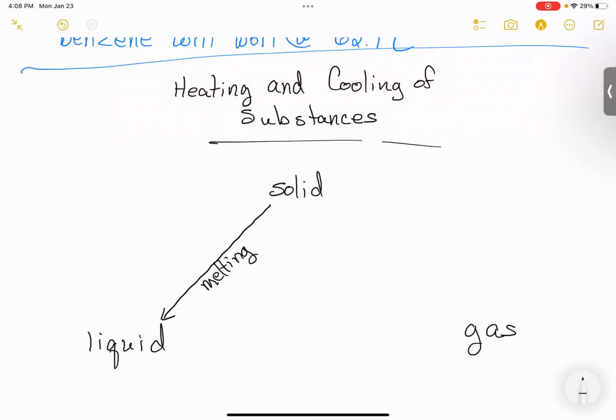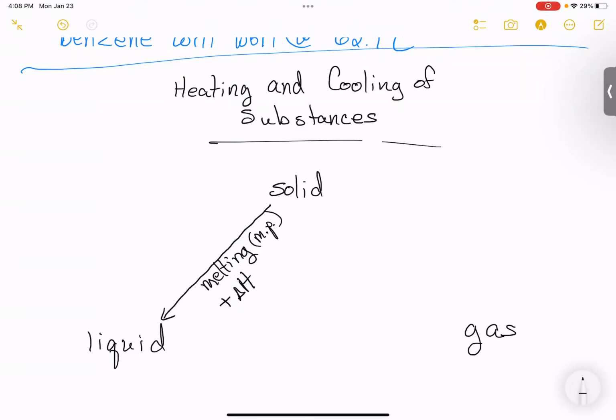So this process is related to the melting point. To go from a solid to a liquid, you must add energy to make that happen.